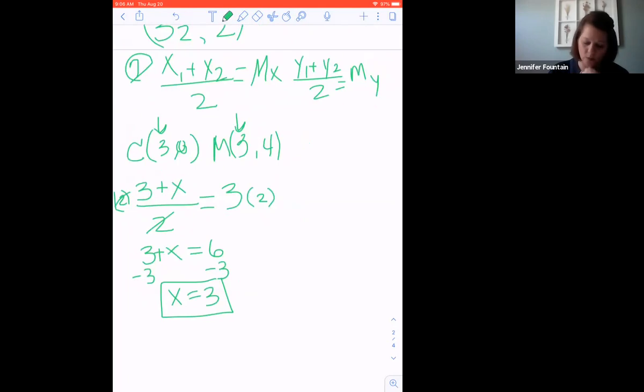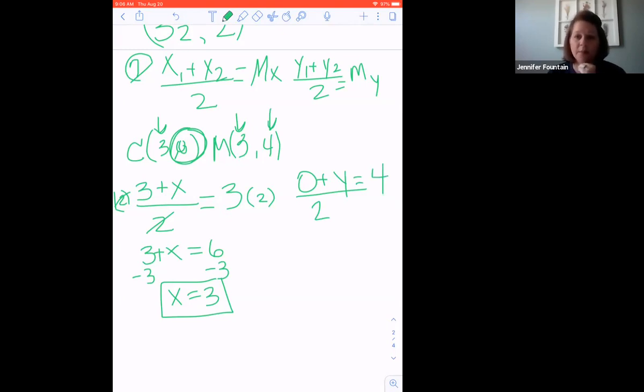Okay, so now we'll go in and we'll put in for y. My y value is 0. We'll plug in our variable y for our unknown, divided by 2, is equal to the y of our midpoint.